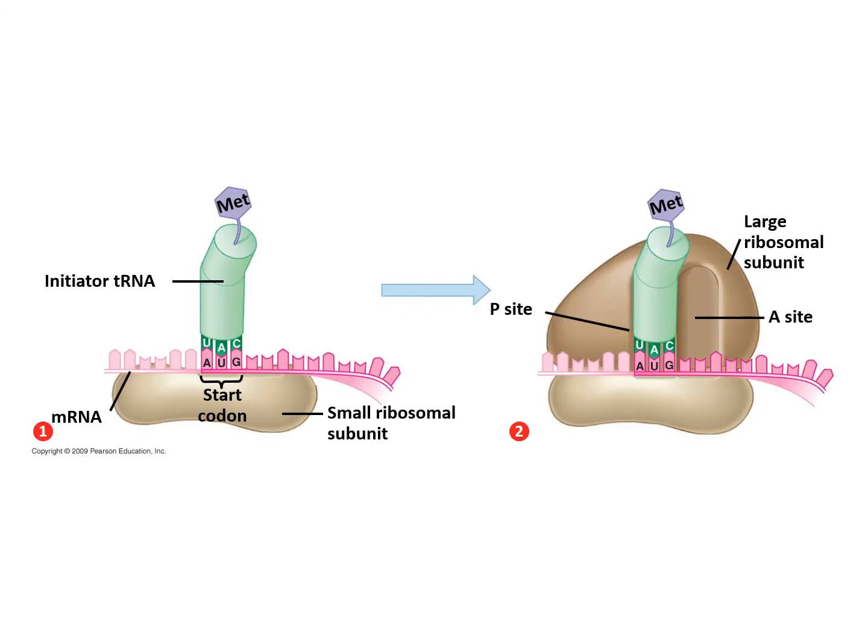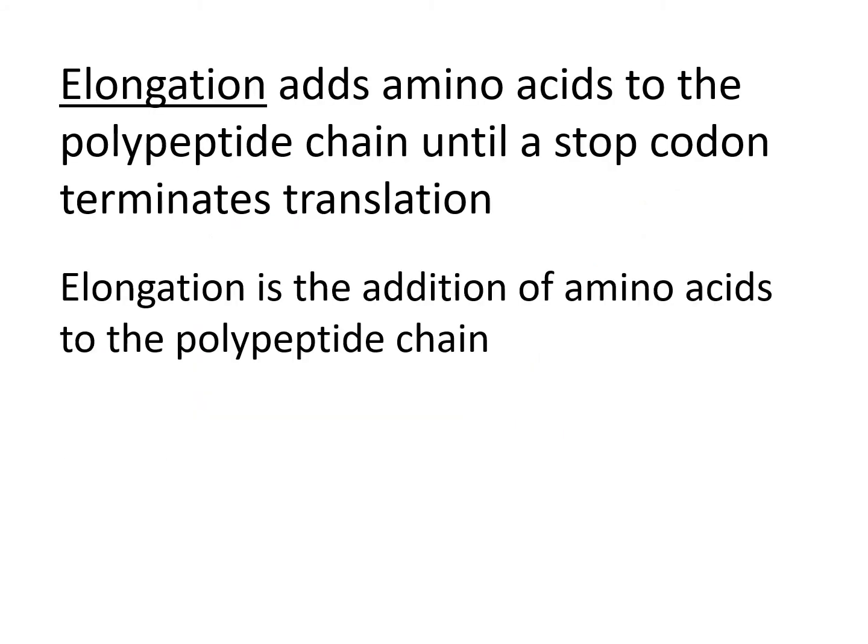So shown here, the small subunit, mRNA attaching, tRNA. The first tRNA comes in with MET, leaving the A site open. And the next tRNA will read this codon and then bind at the A site.